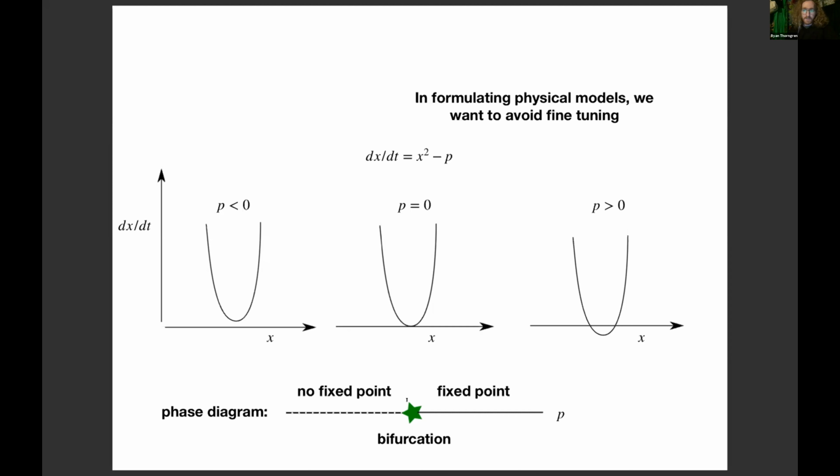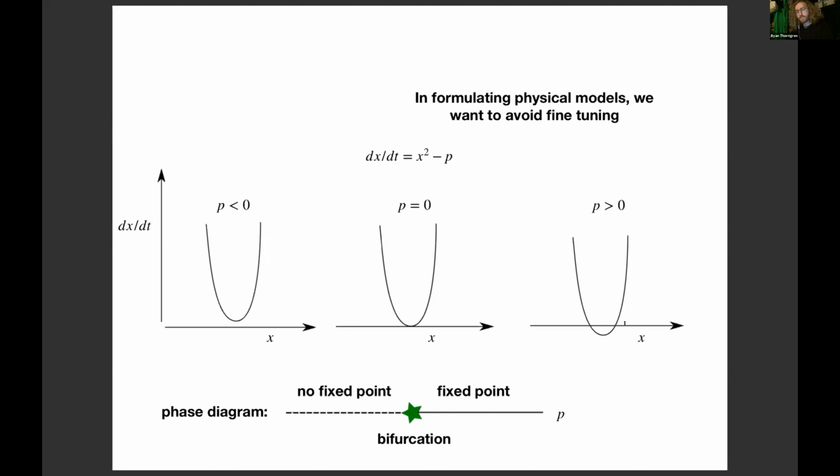So this is called a saddle node bifurcation. And one reason for this term is that, well, maybe you can justify this term in various ways, but I think about it as the flows are diverging as we vary the parameter. So if we're in the P less than 0 regime, then all of the initial conditions are flowing to positive infinity.